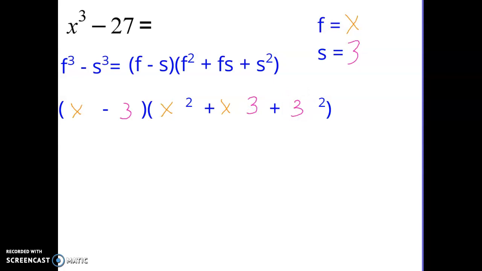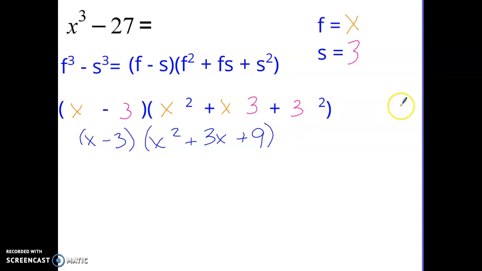And the only thing I need to do to get the final factored form is just to simplify. Well, in this first parentheses, there's nothing to simplify. Got x minus 3. And in the second parentheses, x squared, nothing to simplify there. x times 3, we just don't usually write it that way. Usually we write 3x. And then 3 squared is 9. So that is the final factored form. Okay, so I told you that I would show you how this works out to be the same.